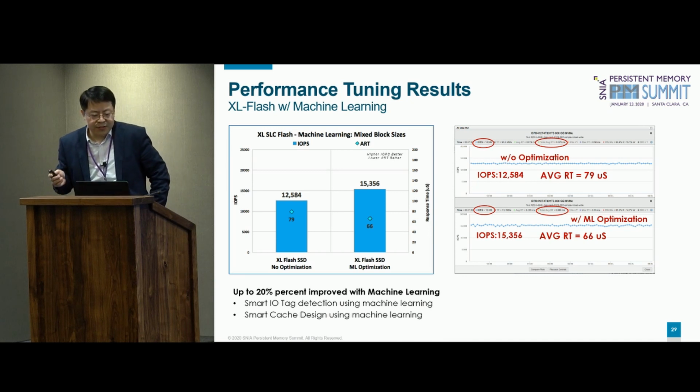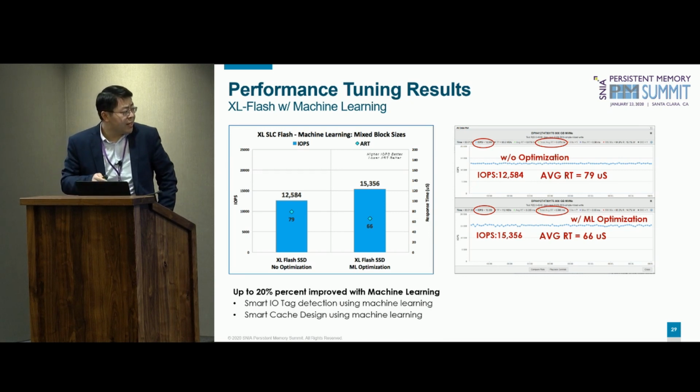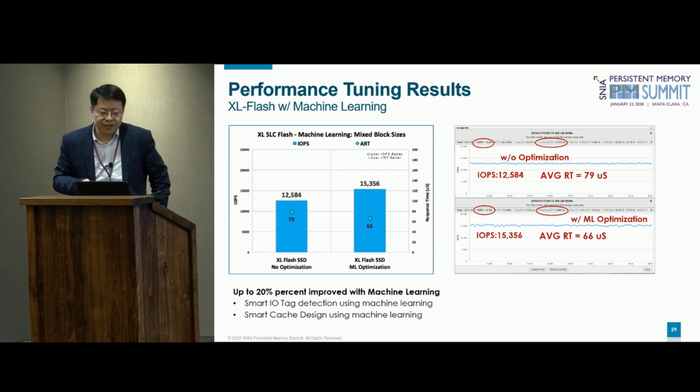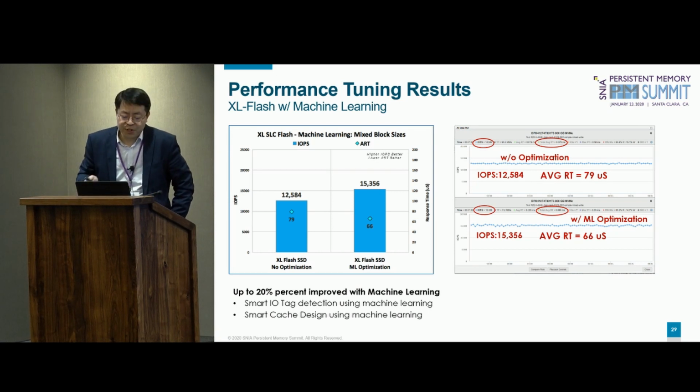Here, you see that the left one is without machine learning optimization. The right one is with machine learning enabled. So you can see that the improvement is around 20%. And again, the workload that we use is from Eden. This is a real one and a mix of read and write I/O streams.